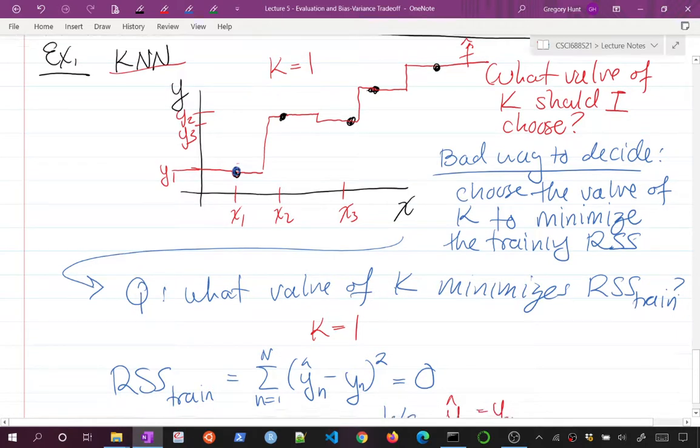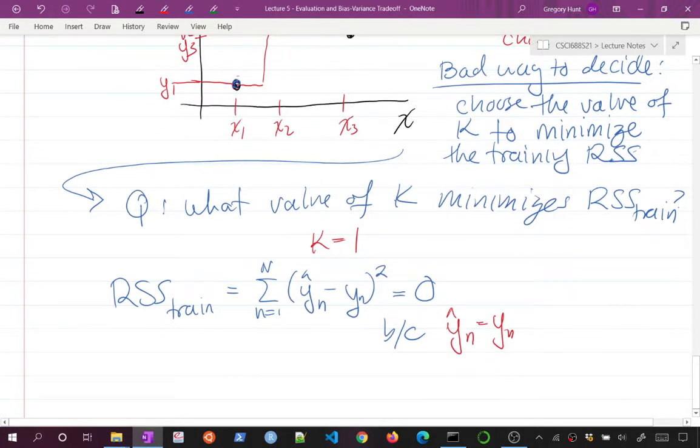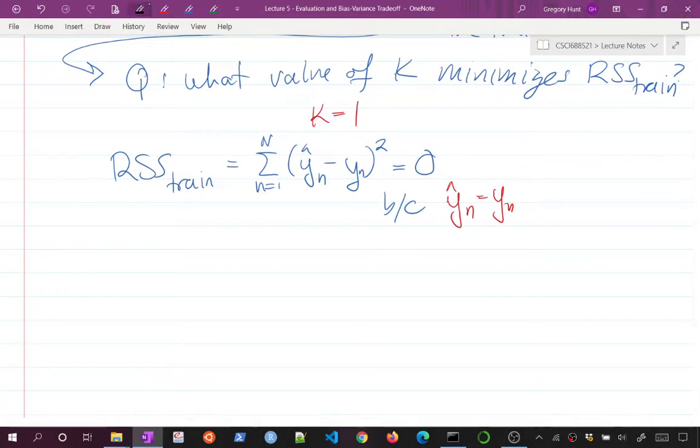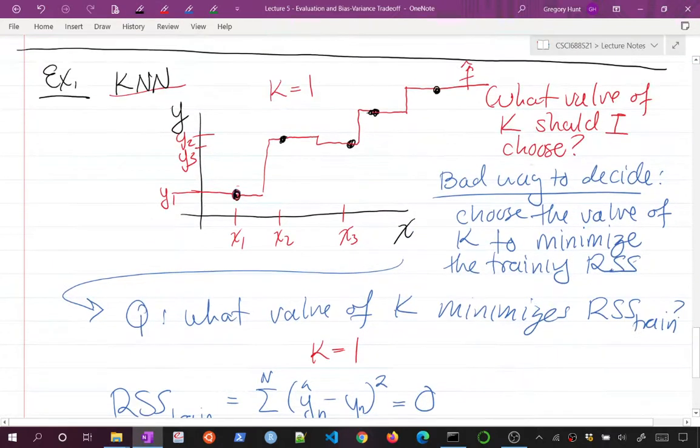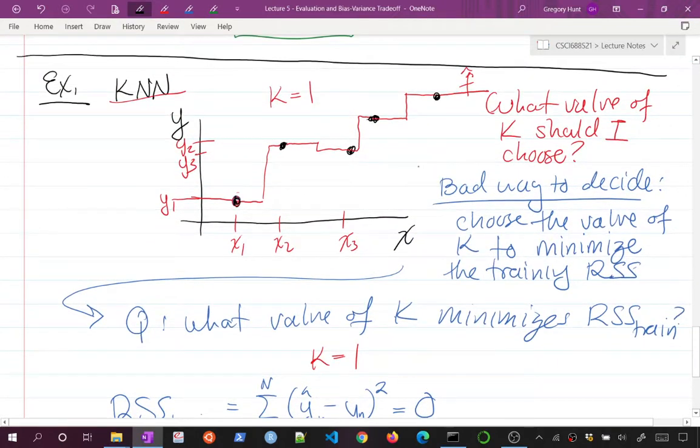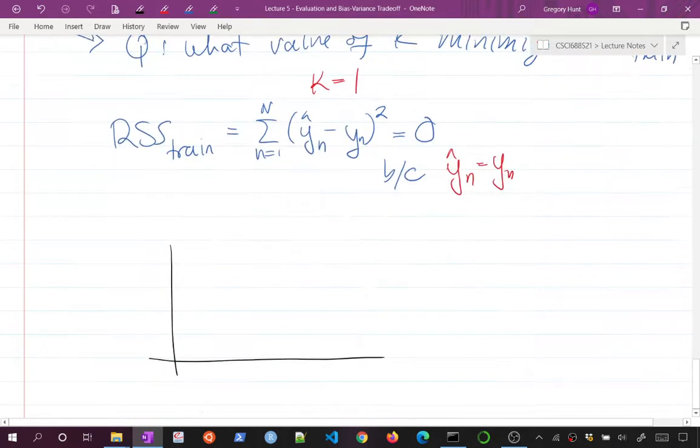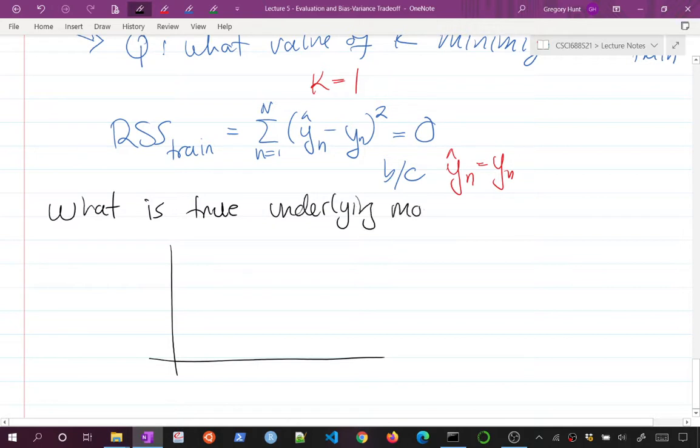So this is where being a statistician helps. I will say, as a statistician, what do we really want to do, right? Again, I don't actually care about predicting on this set of training data. I know what the y's are. What I actually care about is predicting on a new set of data. So the question that you should be asking yourself is, what is the true underlying model of my data?